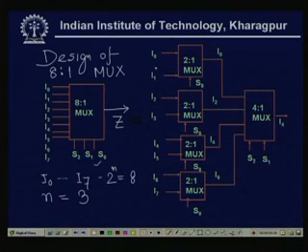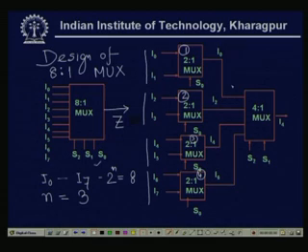For each 2 to 1 multiplexer I have given 2 inputs, I0 I1 for the first one. This is my number 1 multiplexer. This is my number 2 multiplexer where I2 I3 is there. For 3 this is I4 I5, for 4 this is I6 I7. So, I0 to I7 primary inputs are applied to 4 2 to 1 multiplexers.